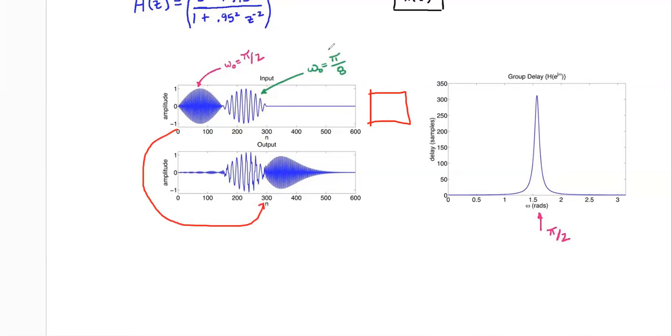What about pi by 8? Let's say at this location, this is pi by 8. What is the shifting it will experience? How many samples?